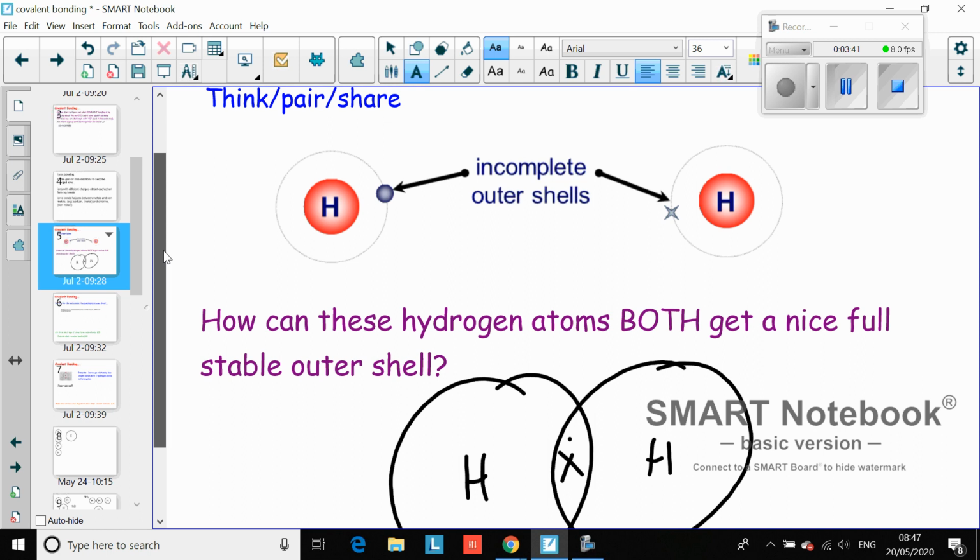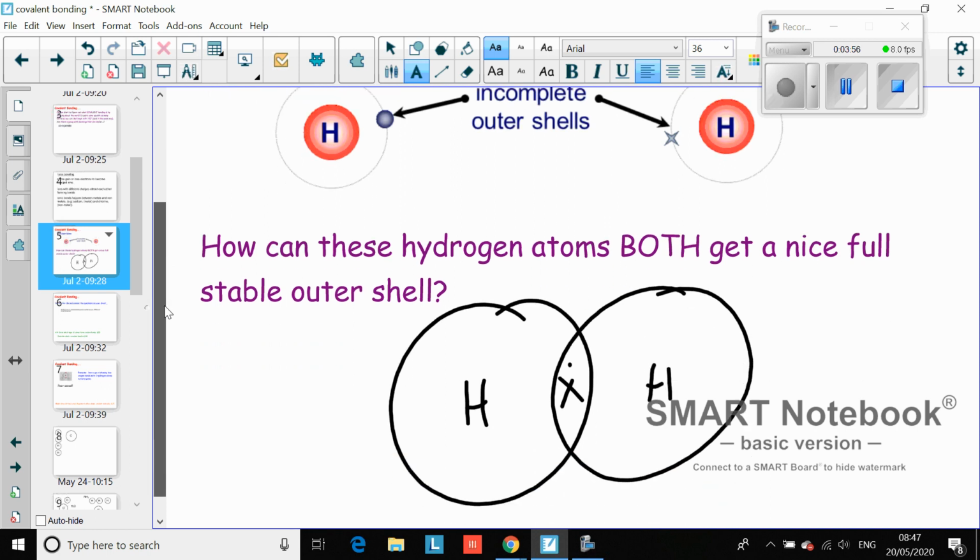What it does is this. So take this hydrogen atom here and this hydrogen atom here, and their electron here is drawn with a dot, and their electron here is drawn with a cross, just to show that they come from different atoms, but they are both still electrons. What they do is they come together like this, and they share those electrons. So if we look at this hydrogen atom, there's its outer electron shell.